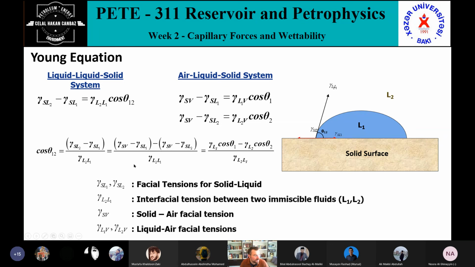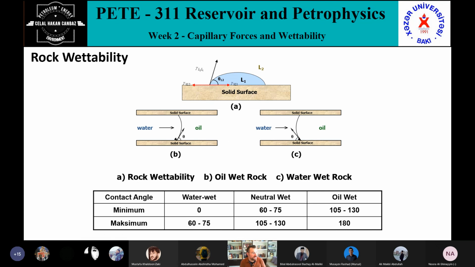So the formula will be like this: interfacial tension L1 cos theta 1, minus interfacial tension L2 cos theta 2, divided by the interfacial tension of L2 L1. All right. So this is the Young equation.